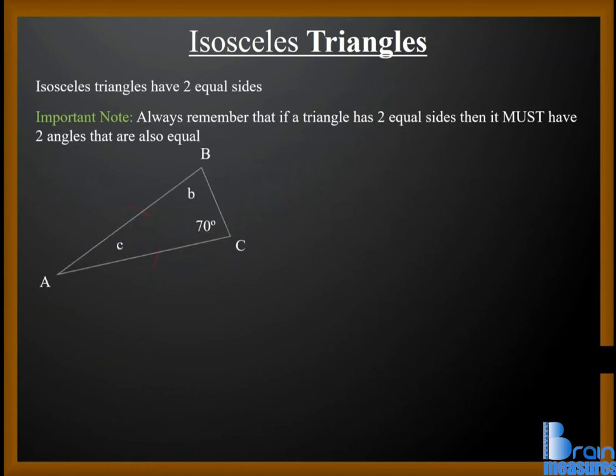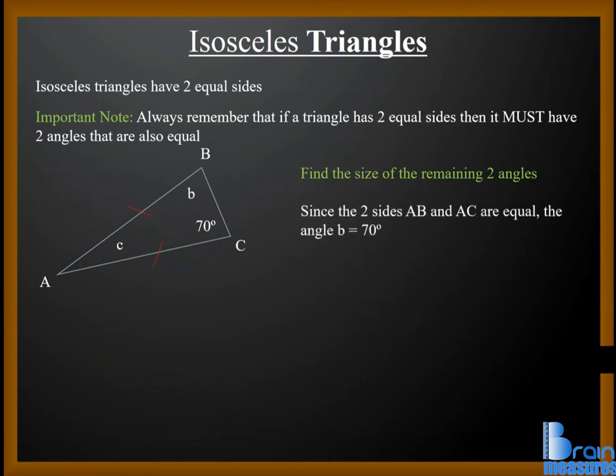Let's take another example here. So we have the isosceles triangle ABC. There are two angles that are unknown to us, which are angle B and angle C. That is what they want us to find. Since AB and AC are equal, both of these angles must also be equal.